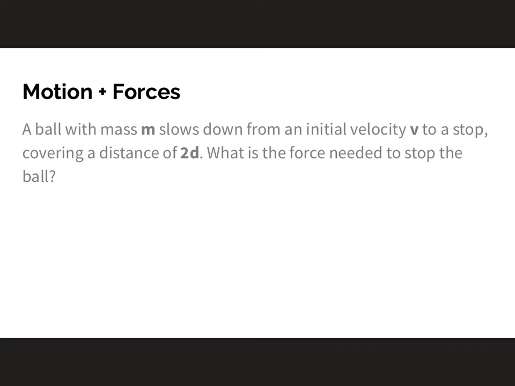One of the first things that we're going to focus on is motion plus forces, and we're going to tie those two together. We are going to do some derivations and start focusing on using variables instead of using numbers. This is saying a ball with mass m slows down from an initial velocity v to a stop, and it covers a distance of 2d.